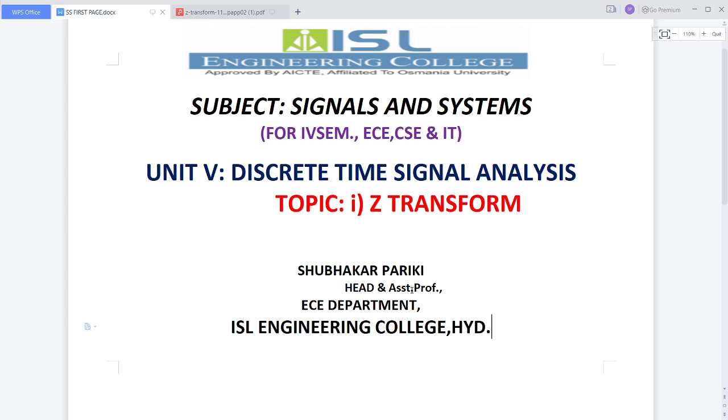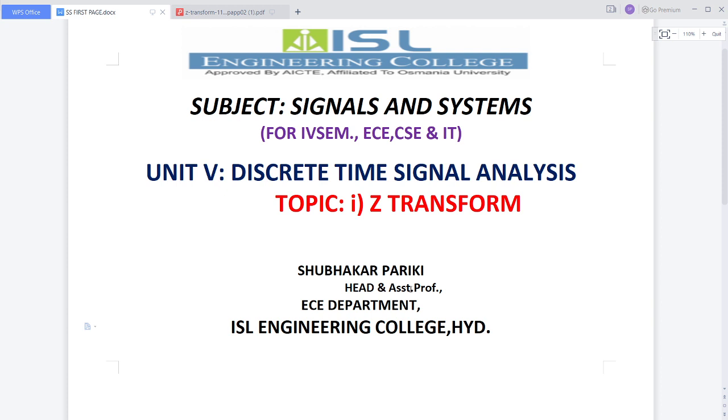In the first unit we discussed that a discrete time signal is defined only at specific or discrete time instances, and it is denoted with x of n. We know that when these discrete time signals are applied as input to a system, it is called a discrete time system. I am recalling the concepts we studied in the first unit about discrete time signals and discrete time systems.